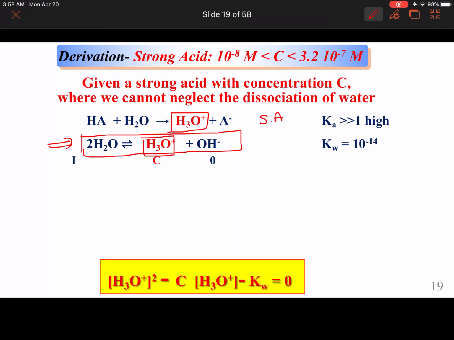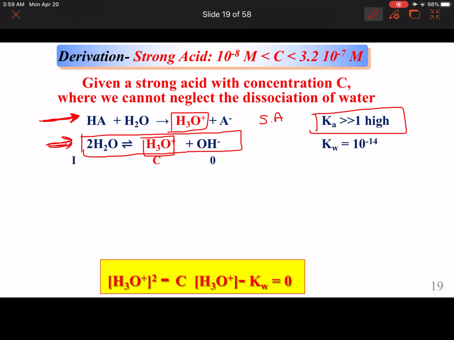We've decided we're doing calculations of strong acids. So their Kas are very, very high, and usually we don't even give you a Ka. But they are so high, greater than 1 at least, that this dissociation of the acid takes place way before the water dissociation even starts.